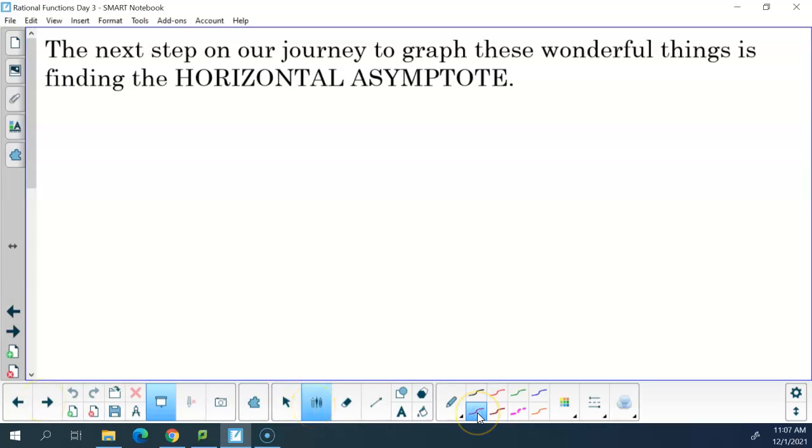Monday we learned all about vertical asymptotes. Okay? Right? So those were dashed lines on our graph, but they're really important because they're lines that we can't cross. Okay? Right? Today we're going to learn about horizontal asymptotes. Okay? And now a horizontal asymptote is important because it gets tied in with your end behavior.